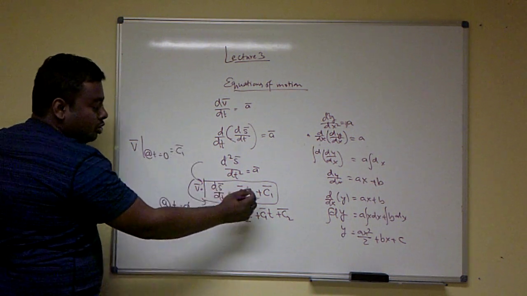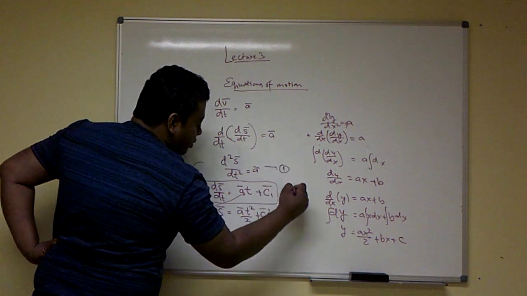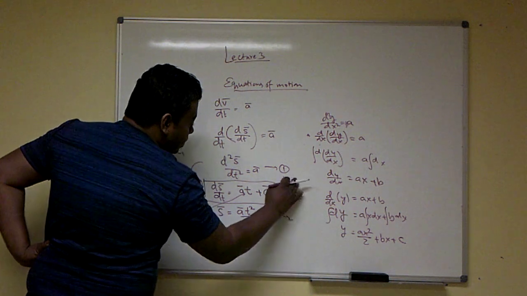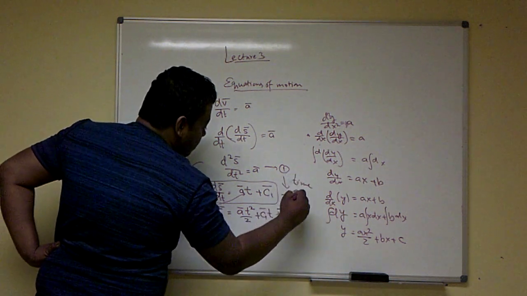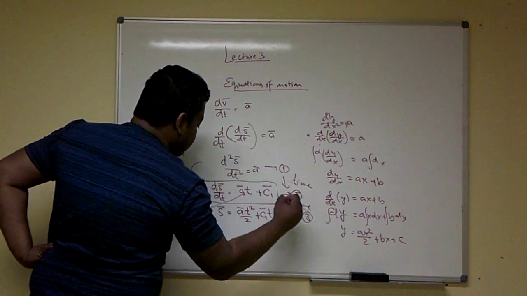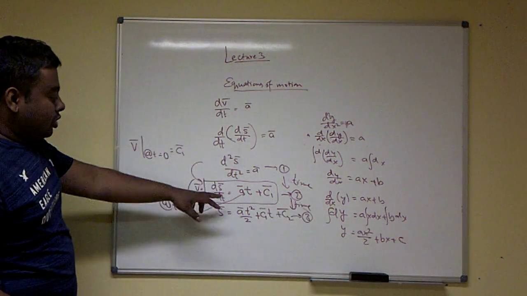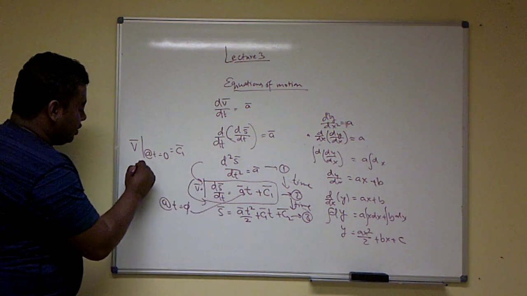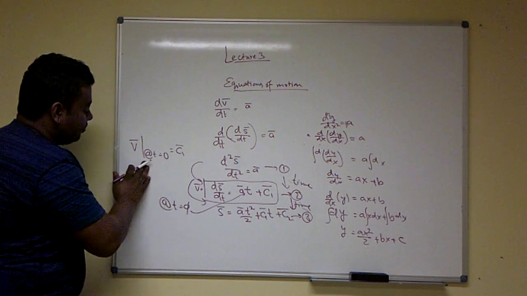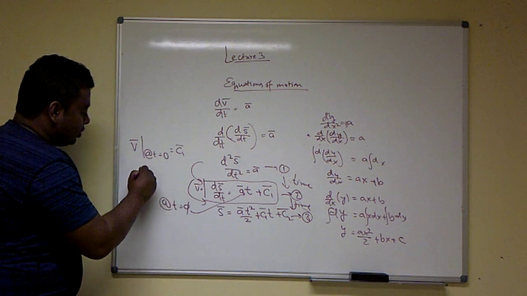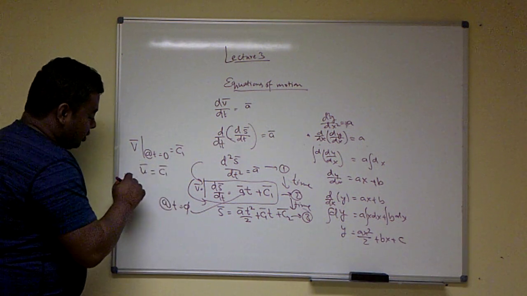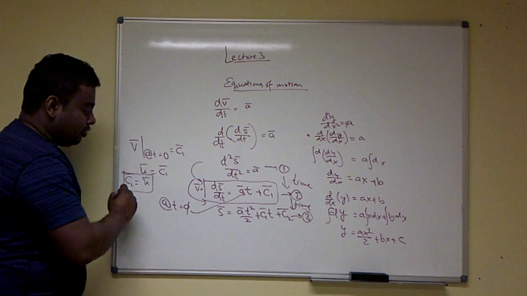So let's write this as equation 1. After the first integration with respect to time, you get the second equation, and after the next one with respect to time, you get the third equation. So at time t equal to 0, the initial velocity was u vector equal to c1 vector. So my c1 vector is nothing but the initial velocity.